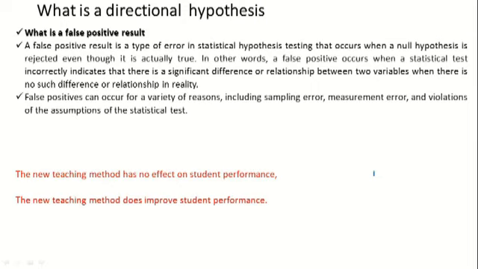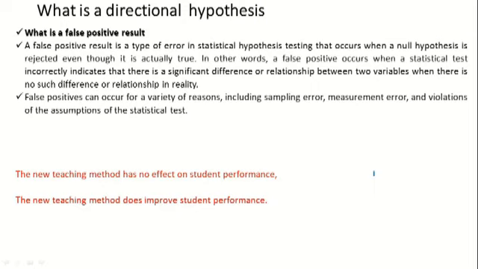So when you have a problem in sampling and you have a sampling error in your data, also when you are using measurement tools that are not properly coded, whatever they are measuring is not correct.